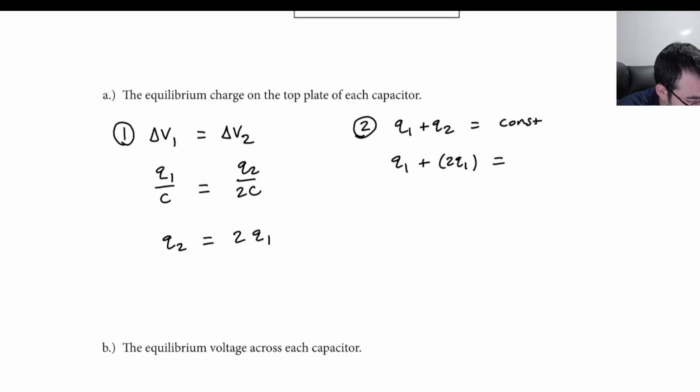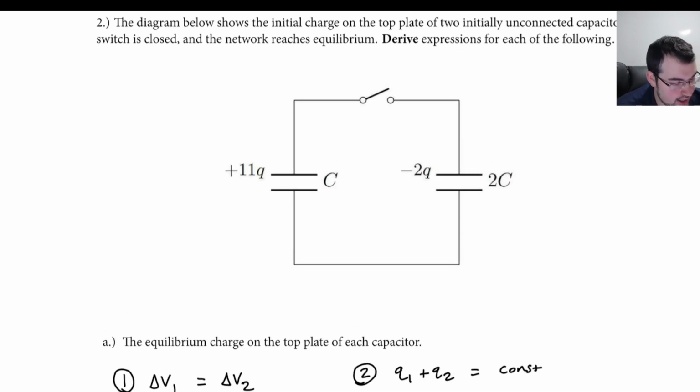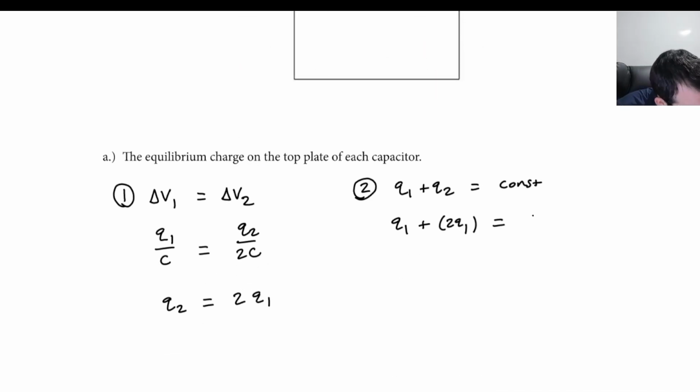And what is the constant in this case? Well, I have 11Q on one plate, and that plate gets connected to the plate holding negative 2Q. So my net is not 13, it's 9. It's actually 9Q.